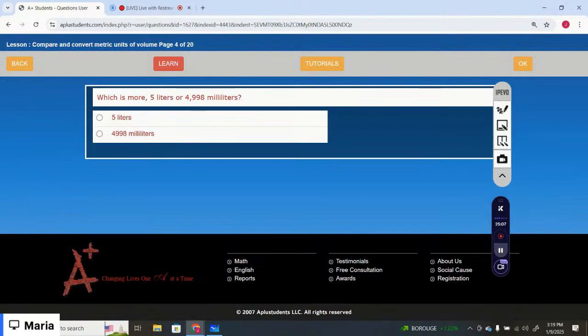Which is more, 5 liter or 4,998 milliliters? Which is the correct option?